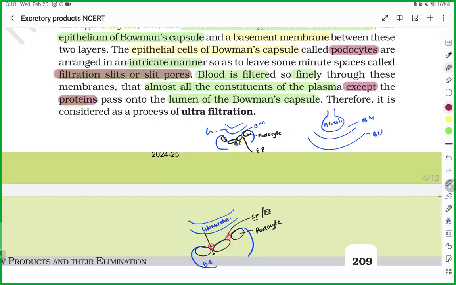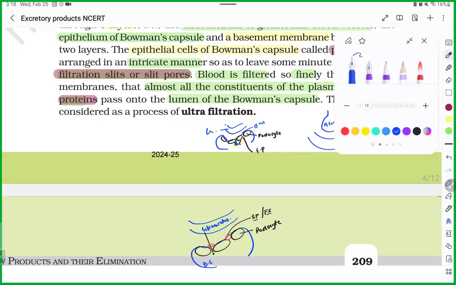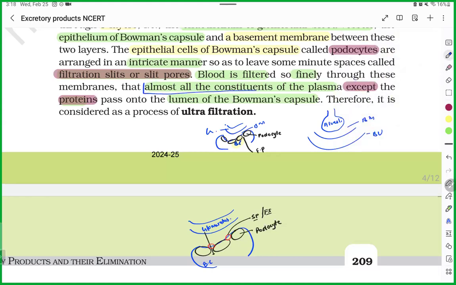But the liquid part, water, minerals, can easily pass into the Bowman's capsule. That's why this is known as ultrafiltration. Pore size is very small, so protein does not come out of it.